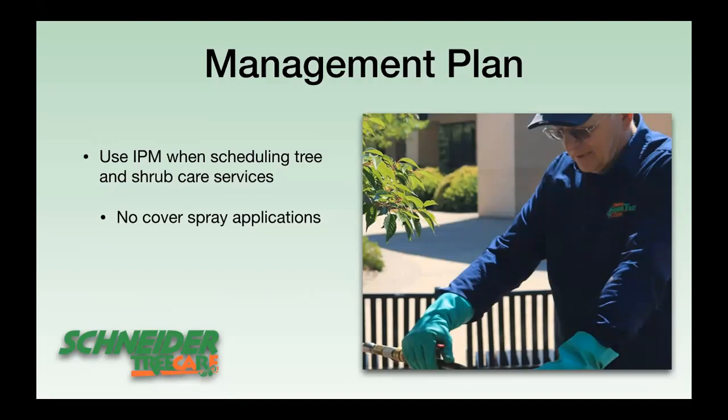In that, we're not just going to go and cover spray everything. We're not going to dump a bunch of fertilizer on something if it doesn't need it. So understand the use of IPM, understand phenology, growing degree days, know when to time your applications so that you're doing that at the right time, and write that into your management plan. Let your clients know when you're going to be there.